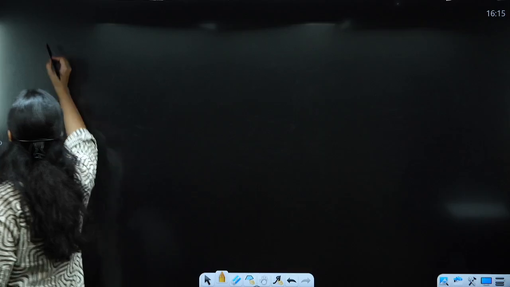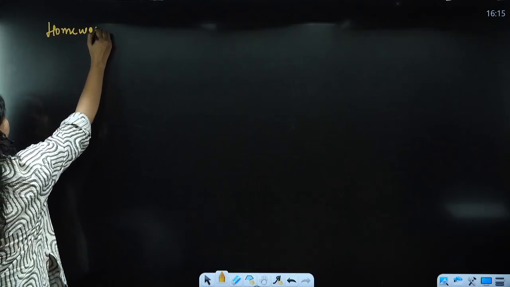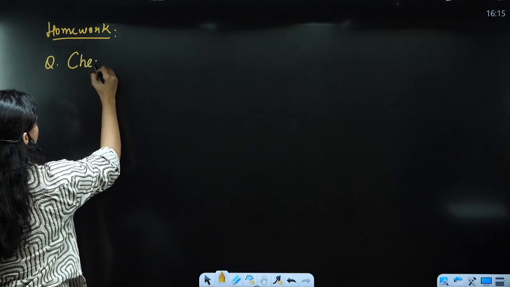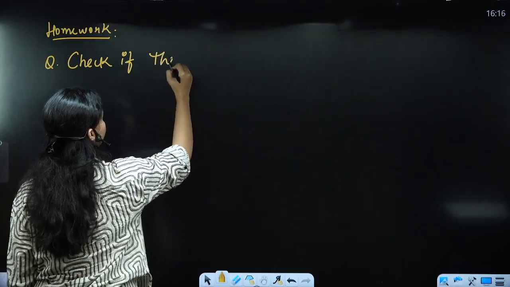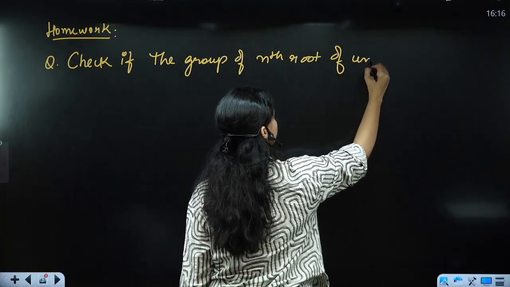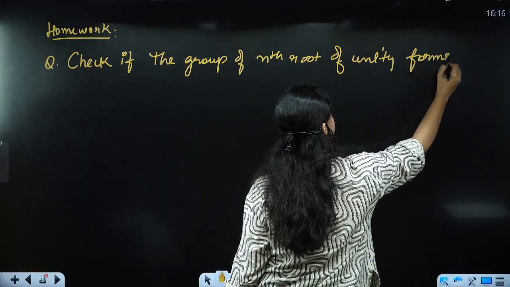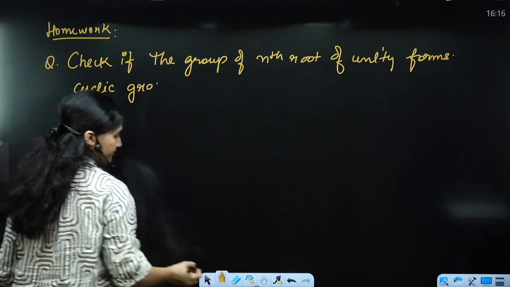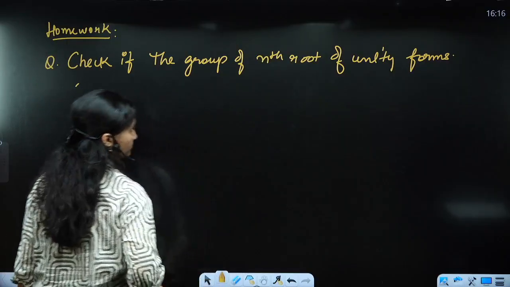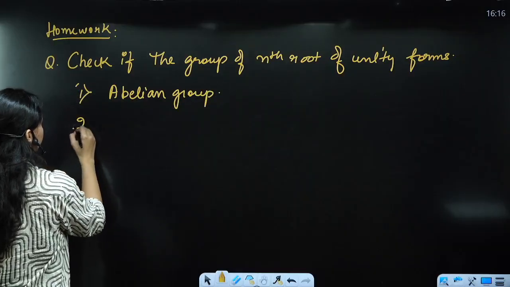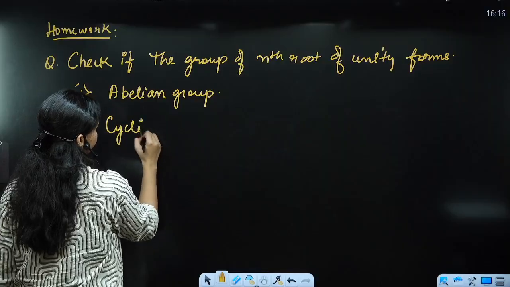Okay, now I wanted to give one homework. Check if the group of nth roots of unity forms an abelian group, and second, a cyclic group.